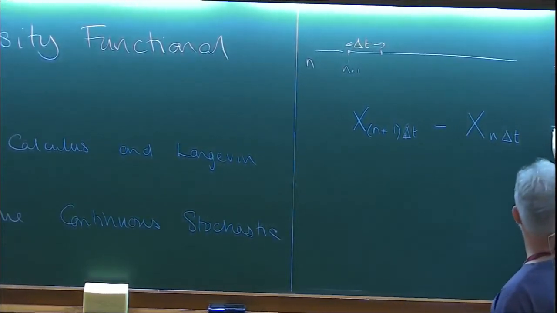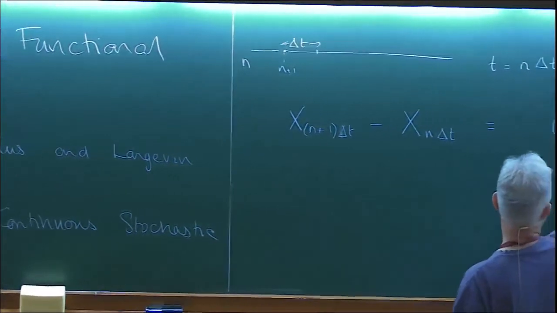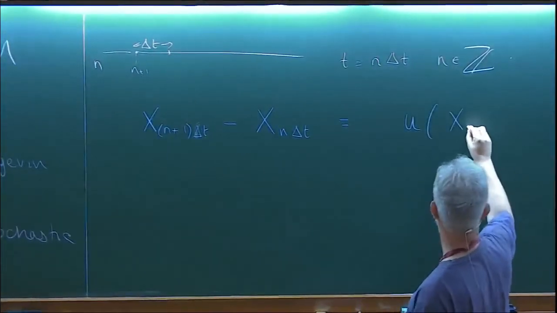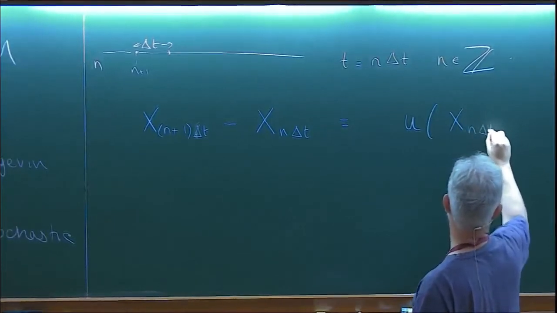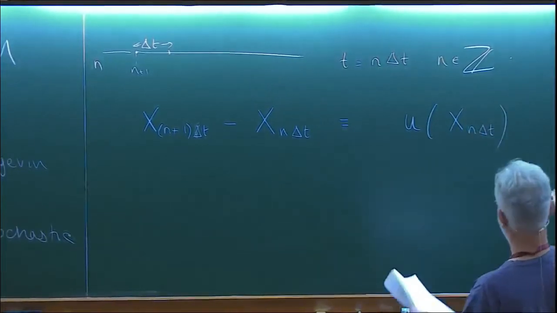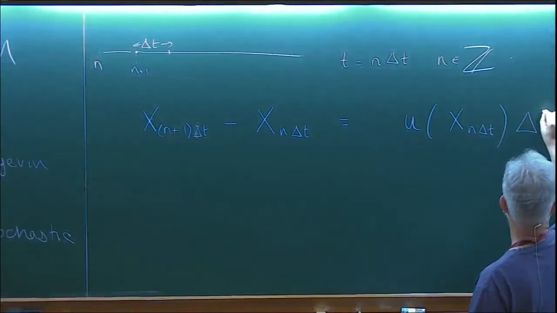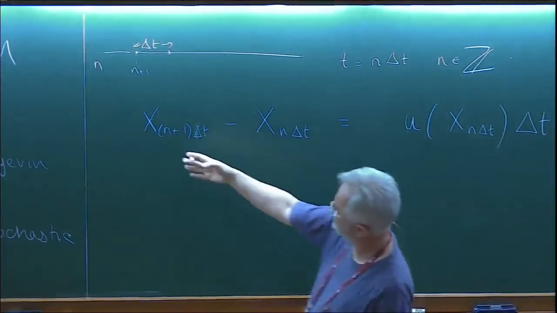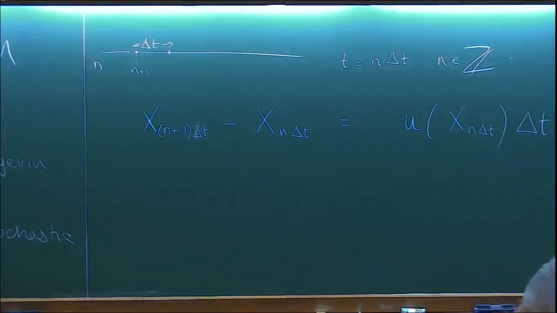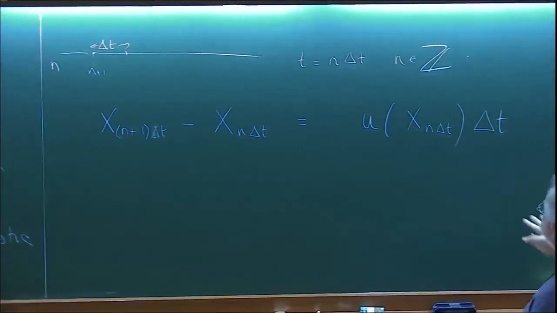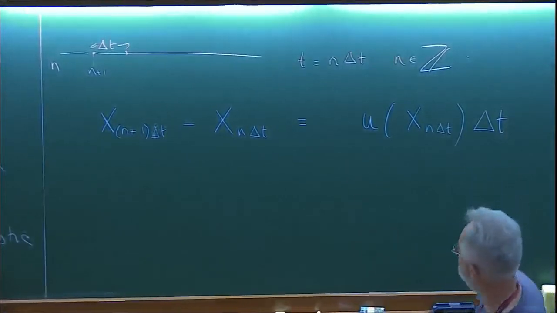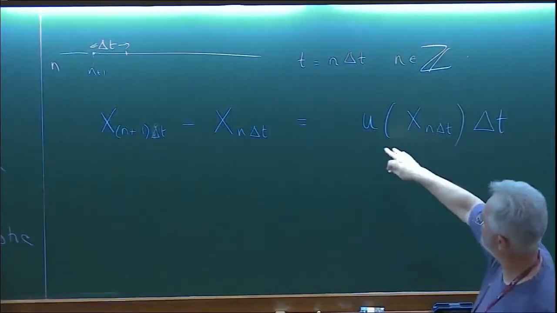I'm going to write this as equal to u, and this velocity will depend on the position at time n times delta t, the previous time. Now we multiply that by delta t. If I divide by delta t, this becomes the time derivative. Imagine you have some random particle in a river, and the river has a local flow u.